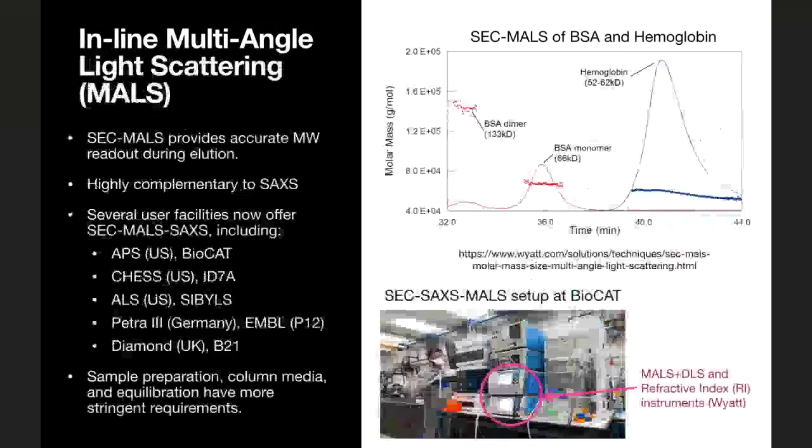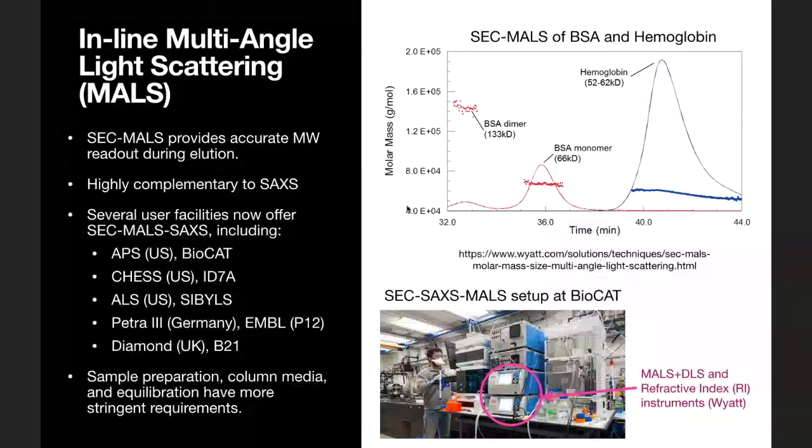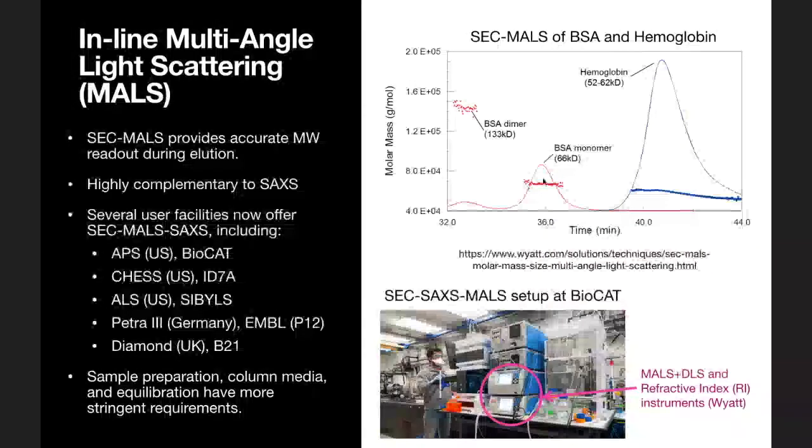All right. The other thing, and this is also implemented at BioCAT, is that they can do multi-angle light scattering in line with SAXS data collection. So Kushal, I think, talked about MALS yesterday as a technique for getting molecular weight on an absolute scale. And that's sort of what's shown here, is that you can get very accurate molecular weights by doing multi-angle light scattering in line with SEC.